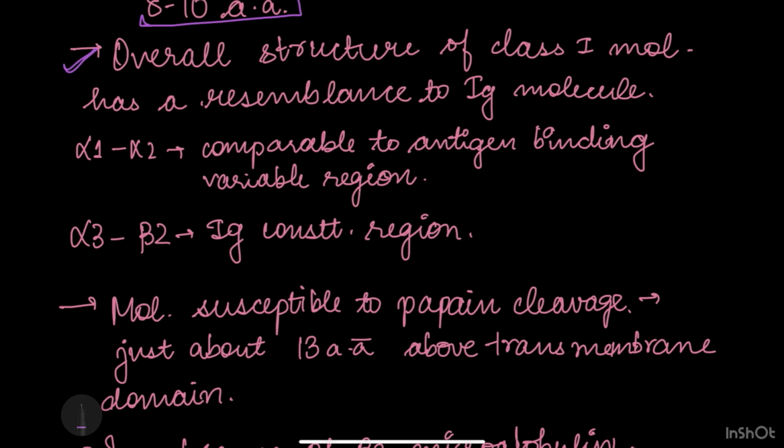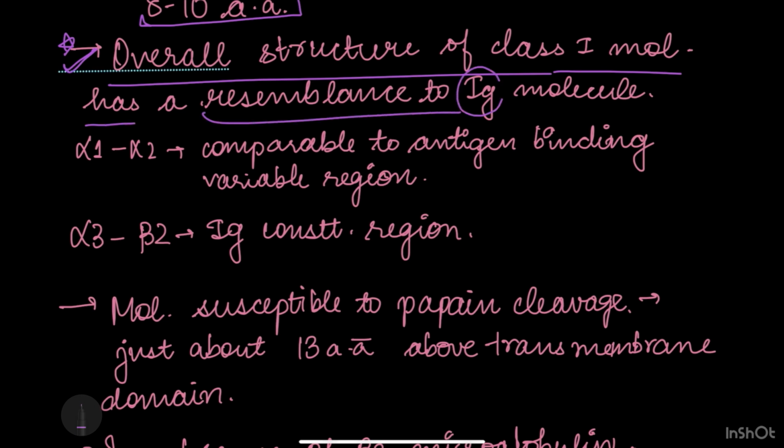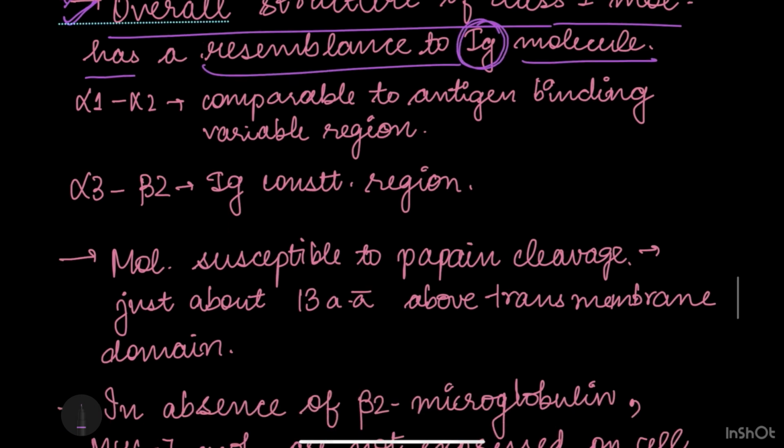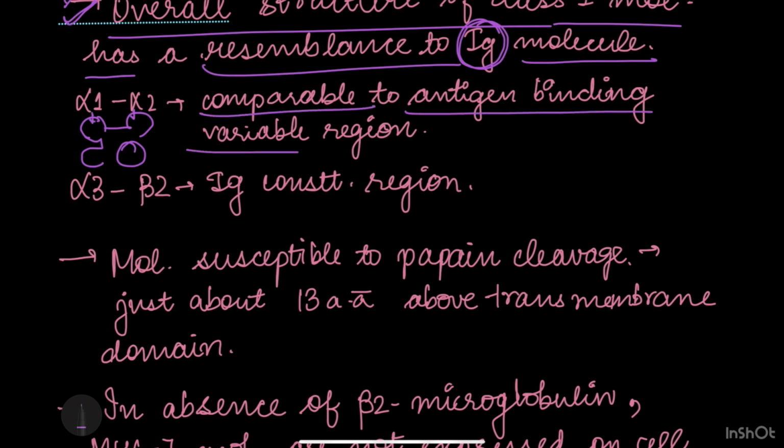This is a very interesting and important point that the overall structure of class 1 molecule has a resemblance to the immunoglobulin molecule. How? The upper part, that is alpha 1 and alpha 2, is comparable to the antigen binding variable region because the antigen binds here, right?